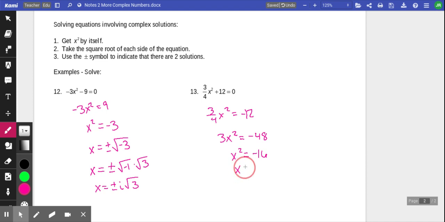Square root both sides, we get x is equal to positive or negative the square root of negative 16. So x is equal to positive or negative square root of negative 1 times the square root of positive 16. Square root of negative 1 is i, and the square root of 16 is 4. So final answer is x equals positive or negative 4i.